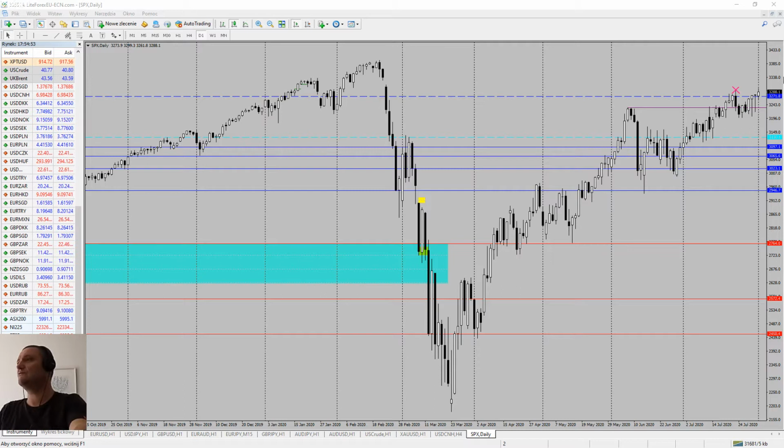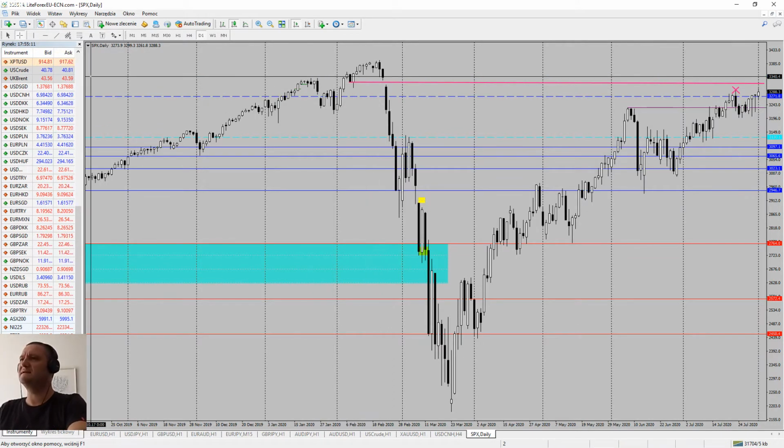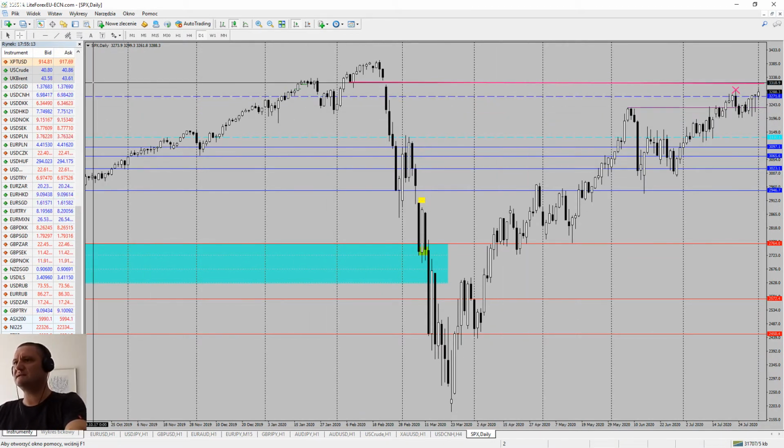All right. So what we are targeting when it comes to the S&P, I think that we were very close to the levels here, and we are talking about the levels close to 3,300, 1520 based on the chart I'm using.